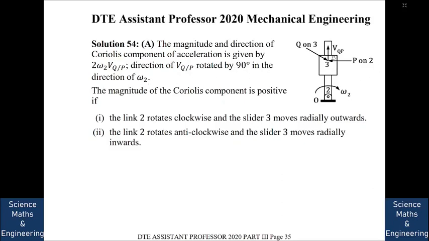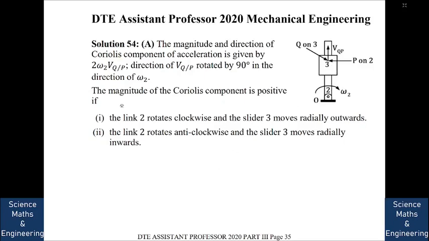So VQP is rotated by 90 degrees in the direction of omega 2. Okay. Now the magnitude of the Coriolis component is positive if link 2 rotates clockwise and the slider moves radially outward, like this condition, or if the link rotates anti-clockwise and the slider moves radially inward.